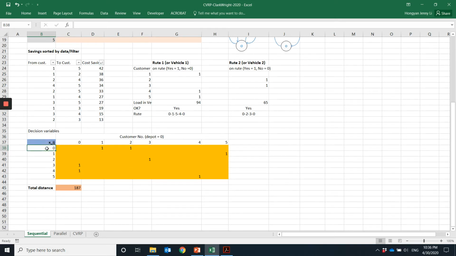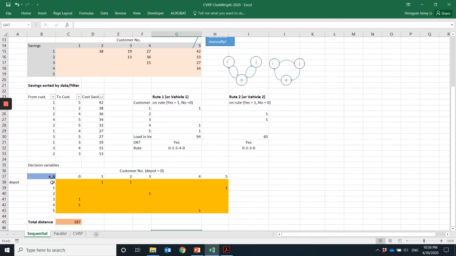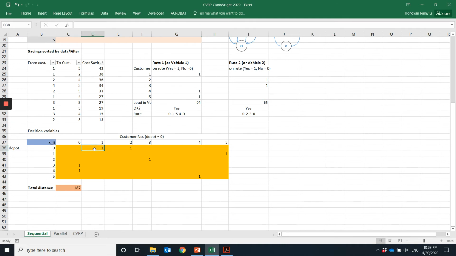From node 0, which is the depot, I drive to customer 1, so I choose this value as 1. Then customer 1 drives to customer 5, so this cell should be 1. Customer 5 drives to customer 4, and customer 4 goes back to the depot. So I put a 1 in each of these cells, and then continue.